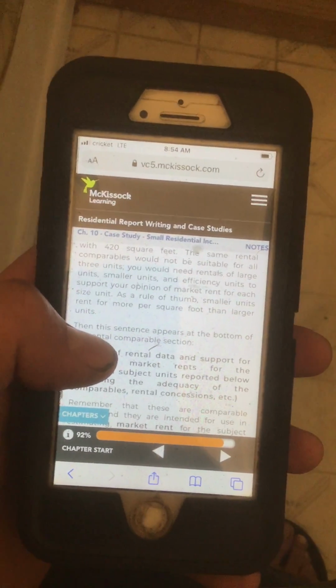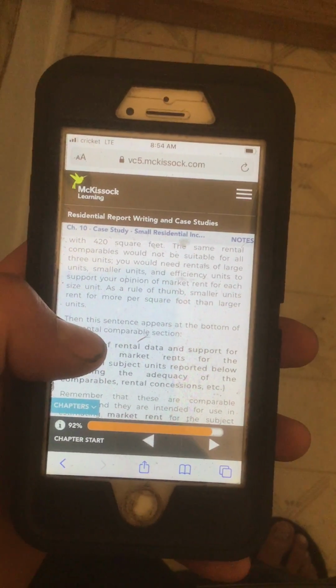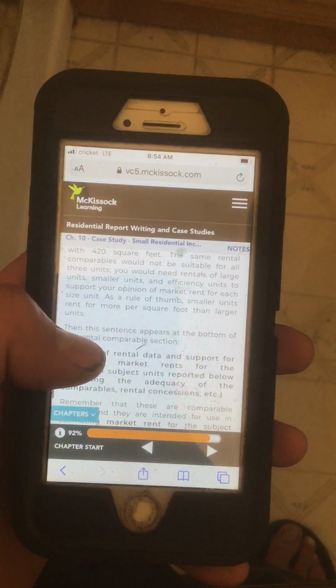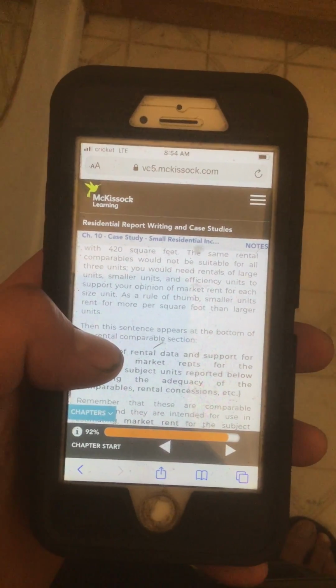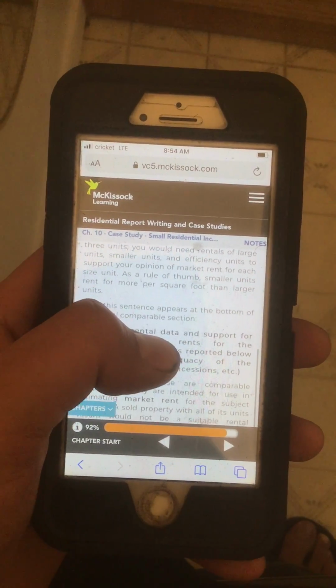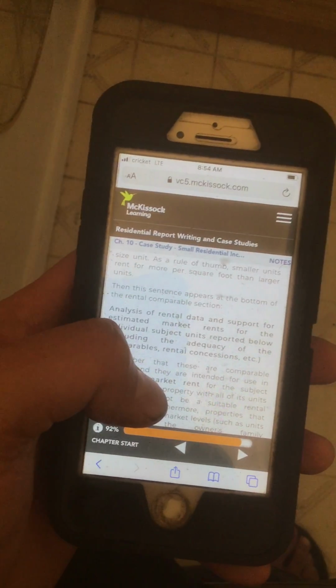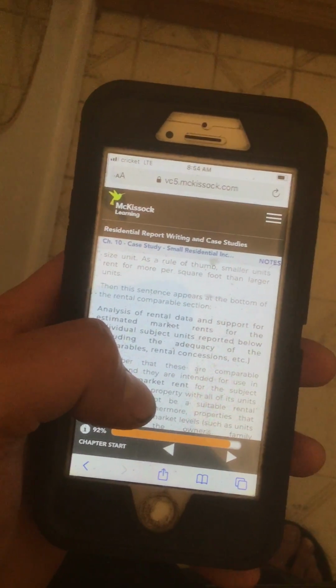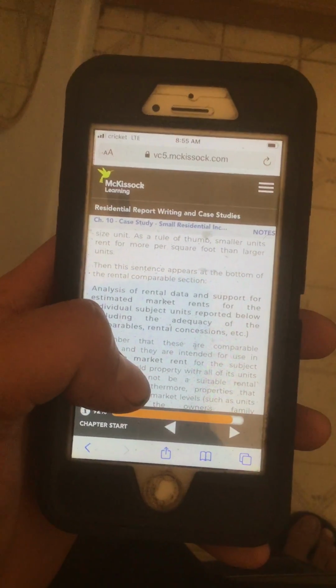The same rental comparables would not be suitable for all 3 units. You would need rentals of large units, smaller units, and efficiency units to support your opinion of market rent for each size unit. As a rule of thumb, smaller units rent for more per square foot than larger units.